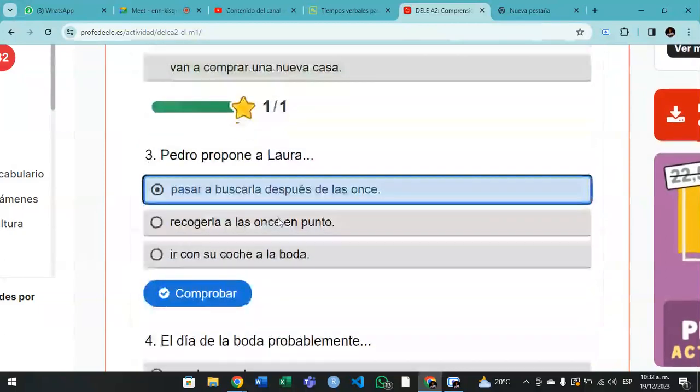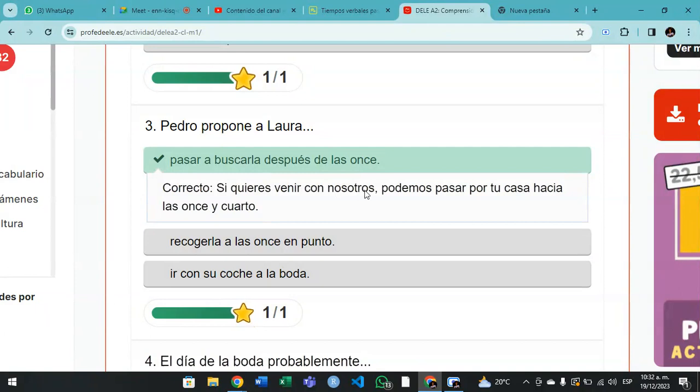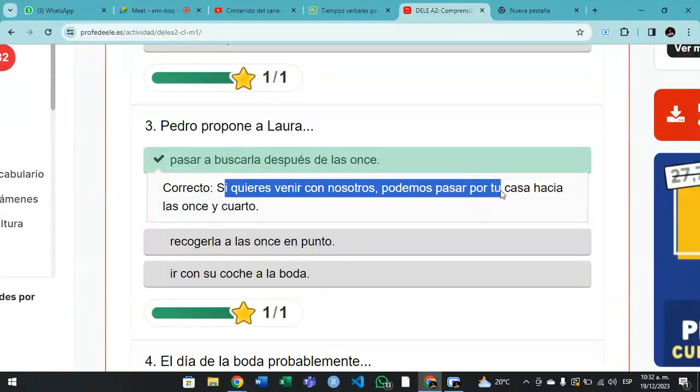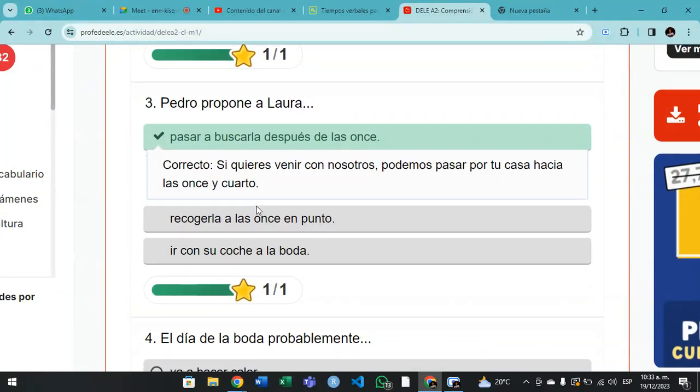The difference here is that they're going to pick her up after 11, and this one says at 11 sharp. In the text it says, "Si quieres venir con nosotros podemos pasar por tu casa hacia las 11:15." So a quarter past 11. Okay.